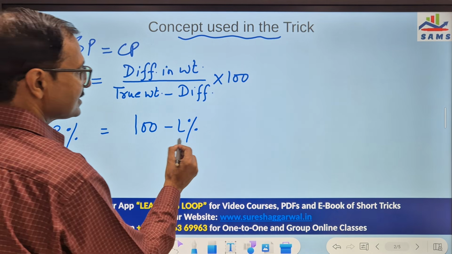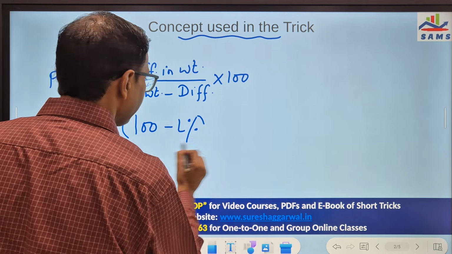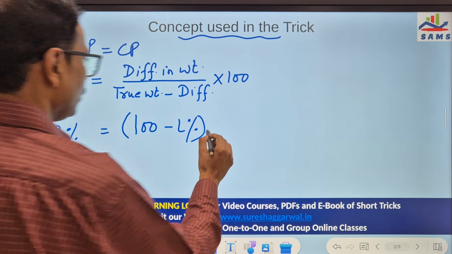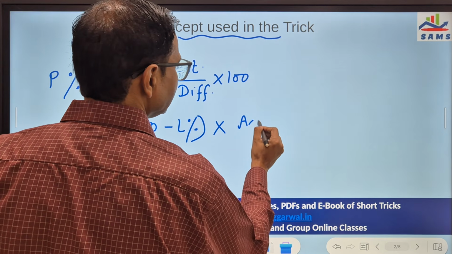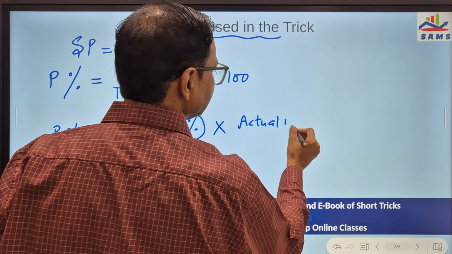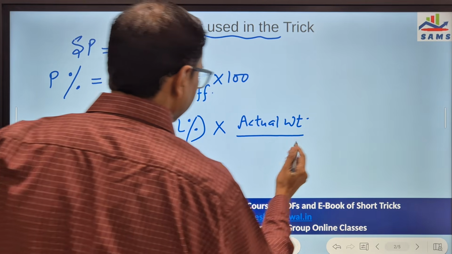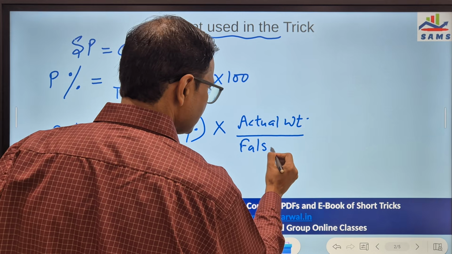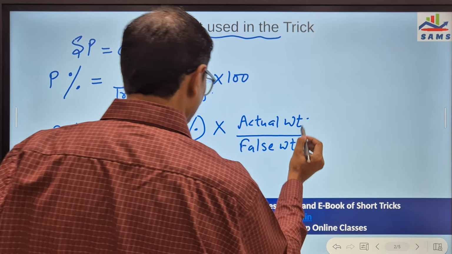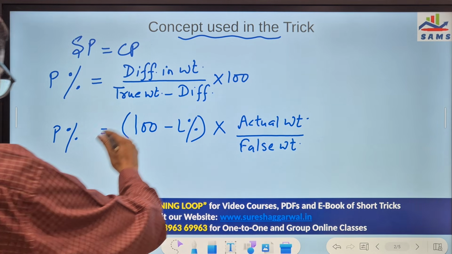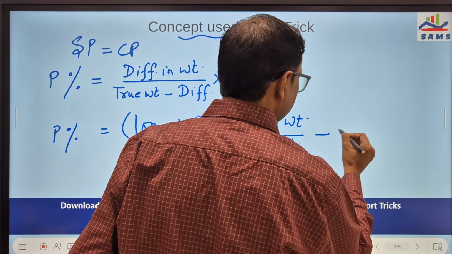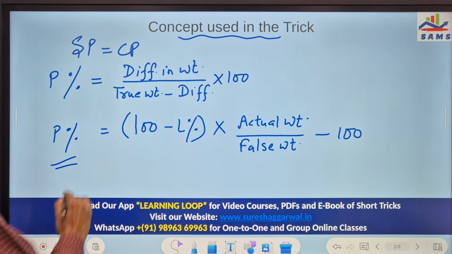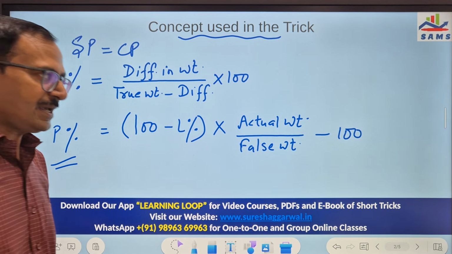So 100 minus this initial loss, okay, so he is selling at some loss percent. Now you multiply by the actual weight and divide that by the false weight which he is using, and then whatever product you get from here, just subtract 100 from that, and you will get the net profit percent in this case.